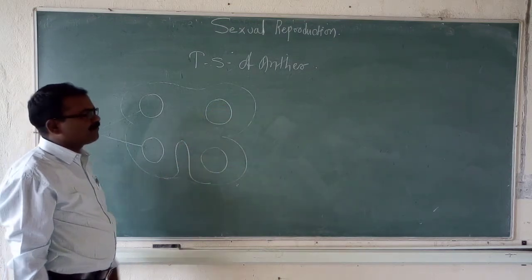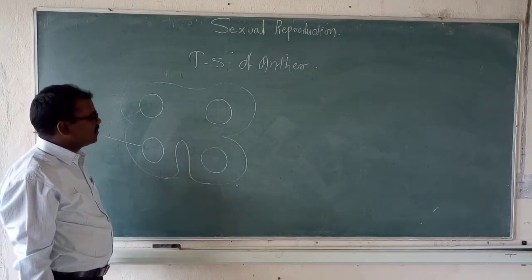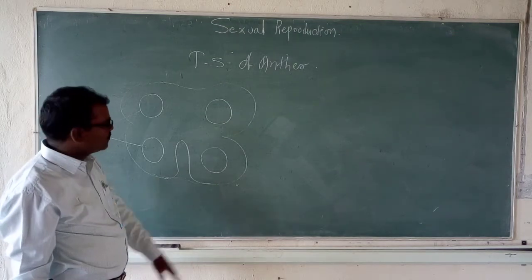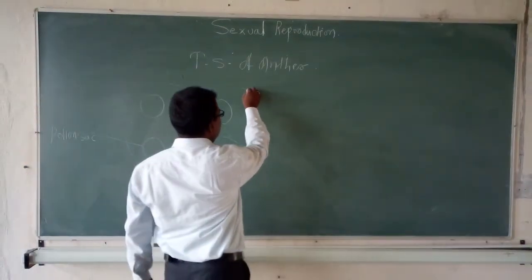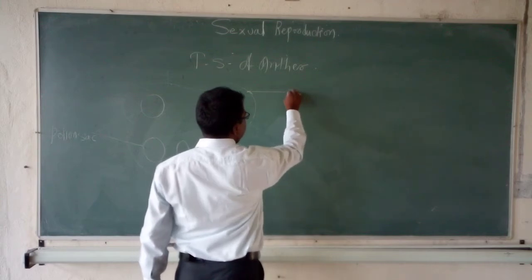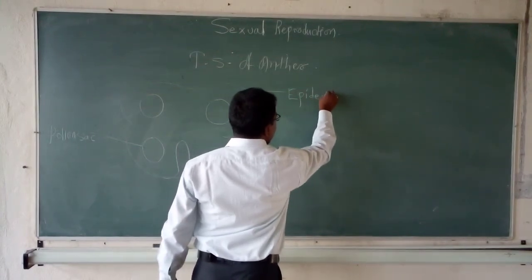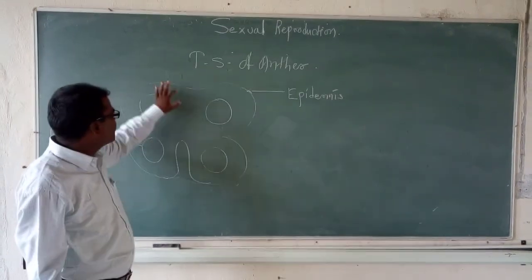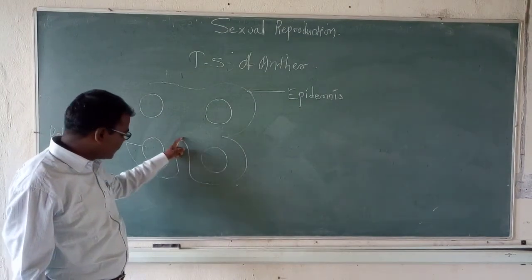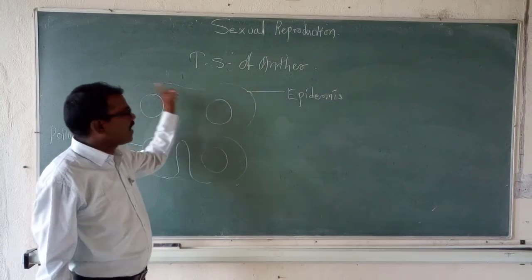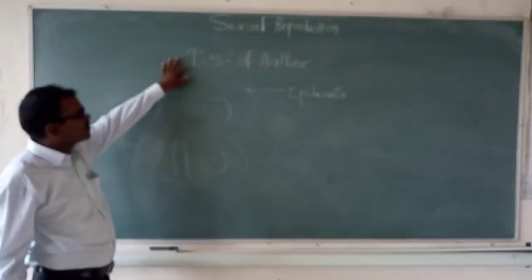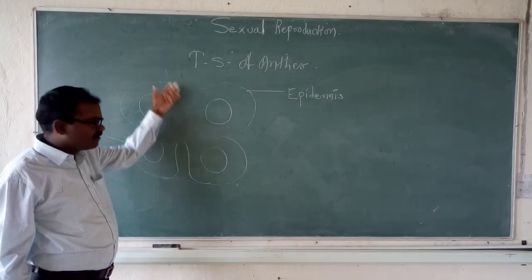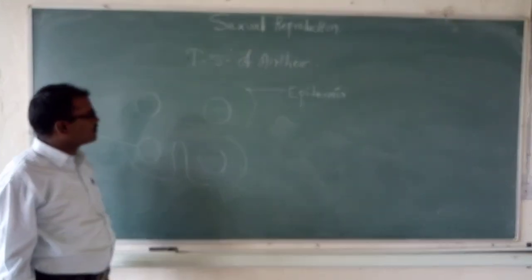The outer primary parietal cell develops into 4 layers. The outermost layer is called the epidermis. This is the transverse section of the anther, base of anther.